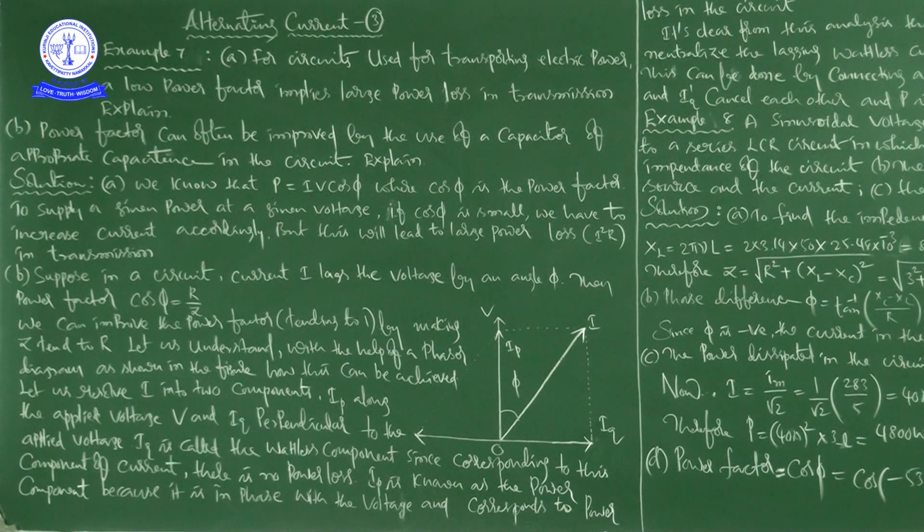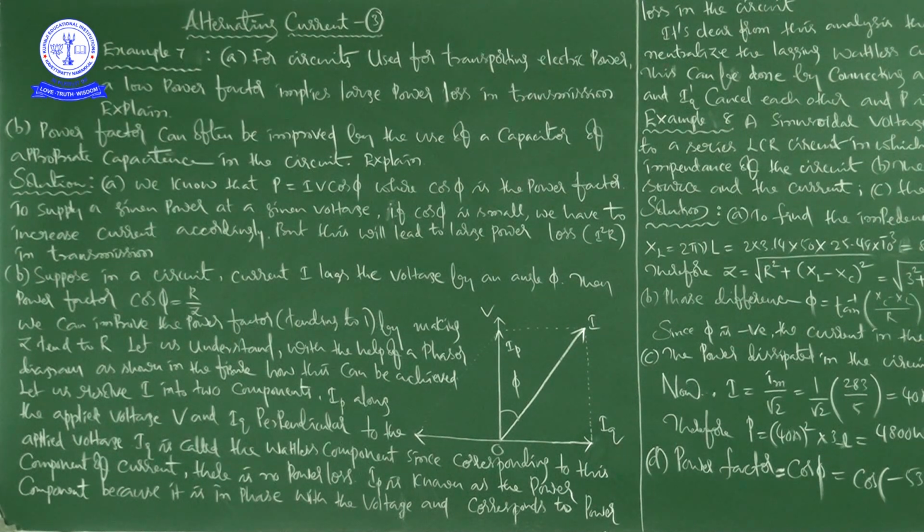Because I just read and explained A, it is better to go for the solution for A immediately. See here, this formula we know: P is equal to VI cos phi, where cos phi is the power factor.